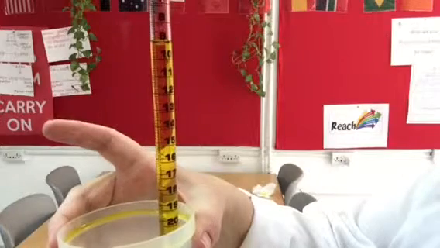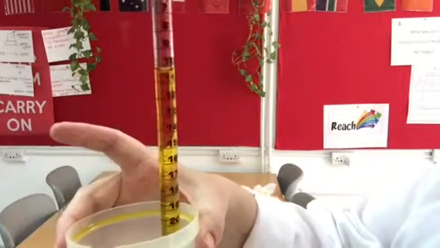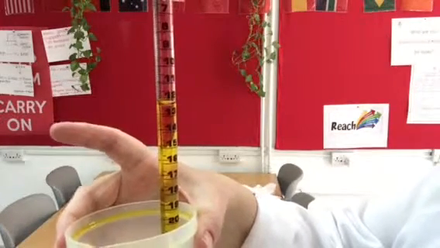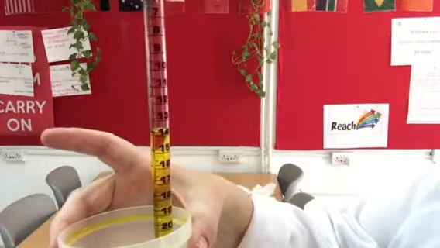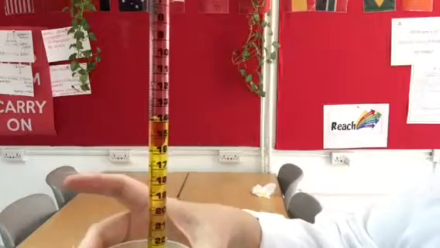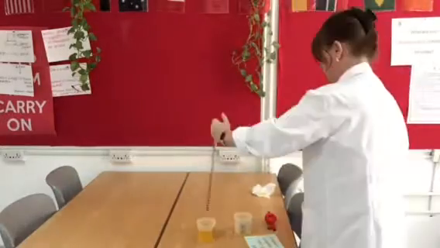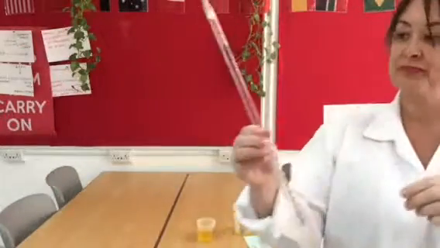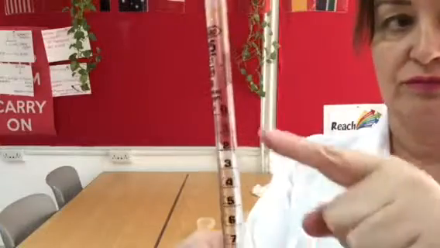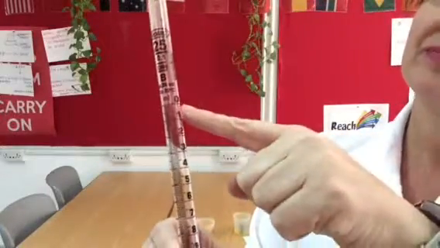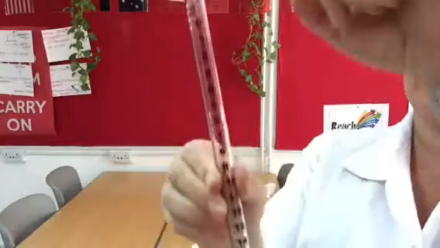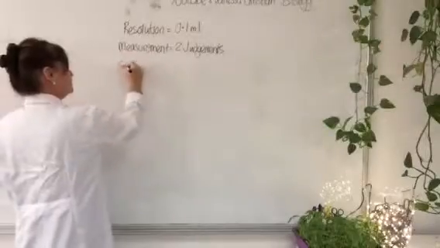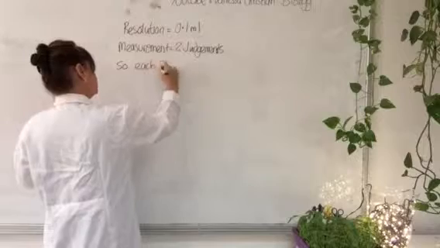I let the liquid out quite quickly until I get to around 11, 12, 13, and then I'm going to let the liquid move out a little bit more slowly until the bottom of that meniscus is on 14. So thinking about that, because I had to align the liquid with 0 there, and then because I had to align the liquid with 14 there, I've made 2 judgments, and that makes it a measurement.